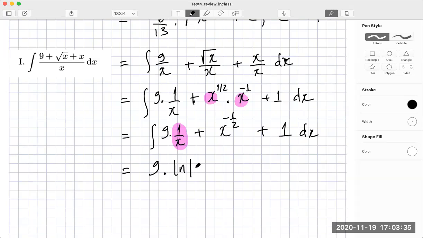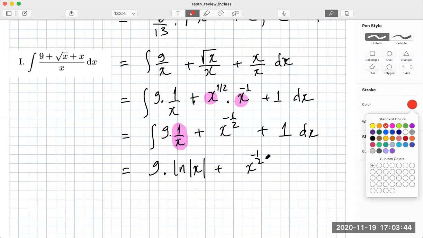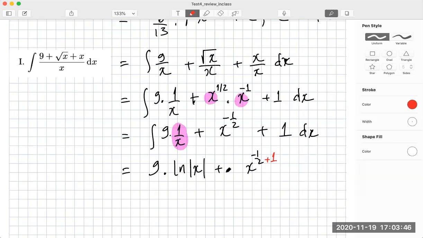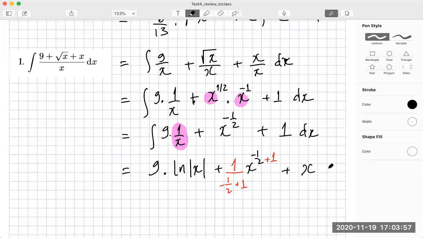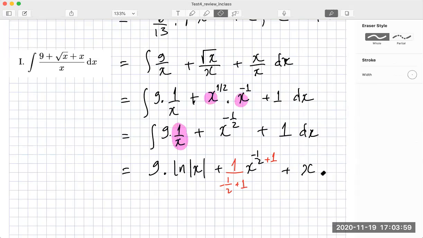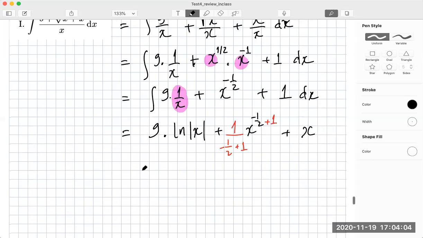And here, the same story, x to the negative 1/2 plus 1, divided by this number. And the antiderivative of 1 will be x. And we add a constant.